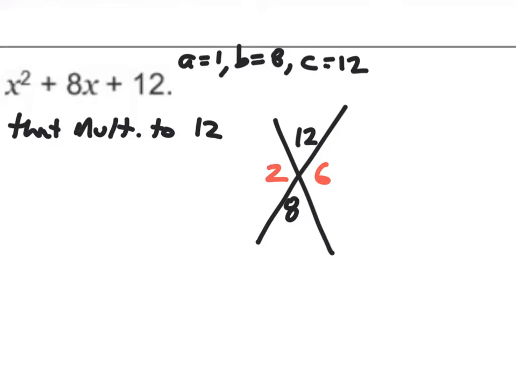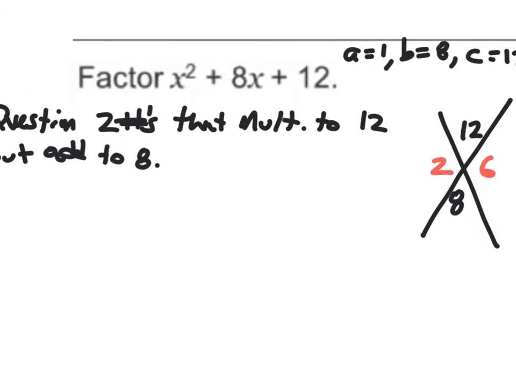So what I would do then is I would take my trinomial, which is x squared plus 8x plus 12. And I can do this thing called splitting the middle term. I'm going to take 8x and rewrite it as the sum of 2 and 6.